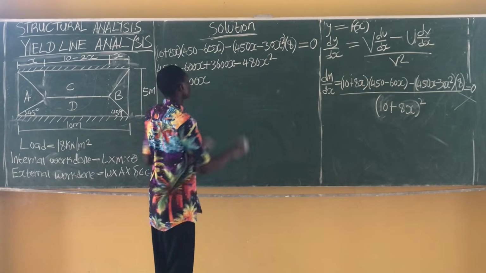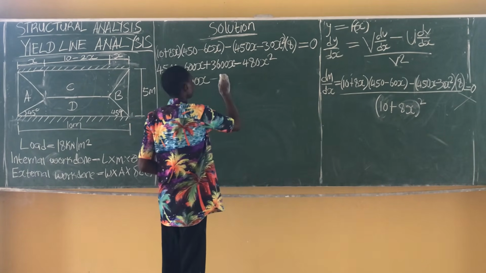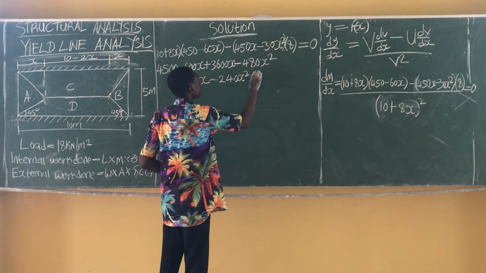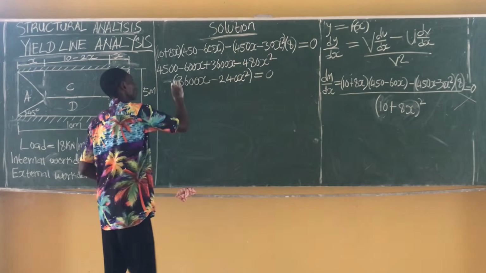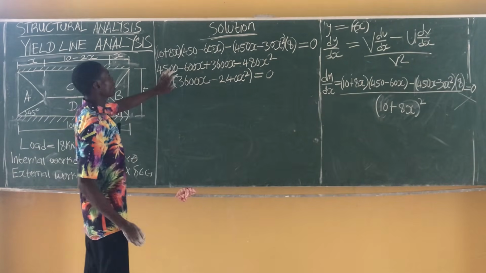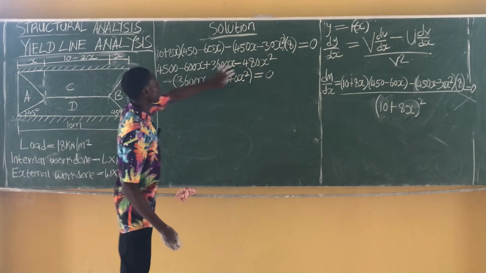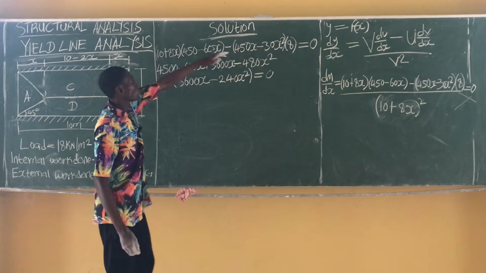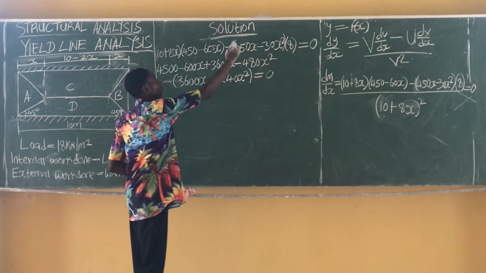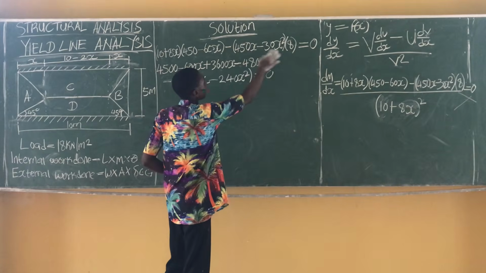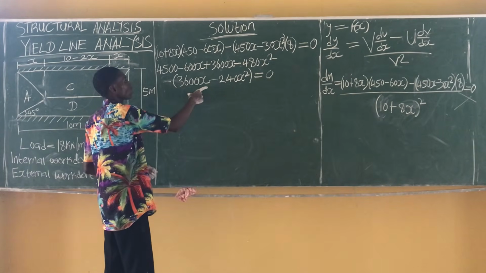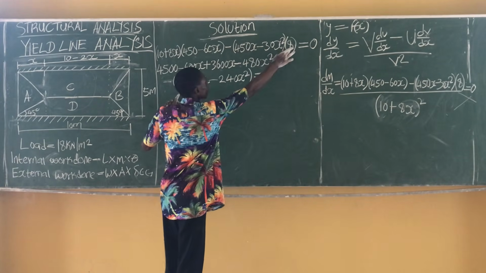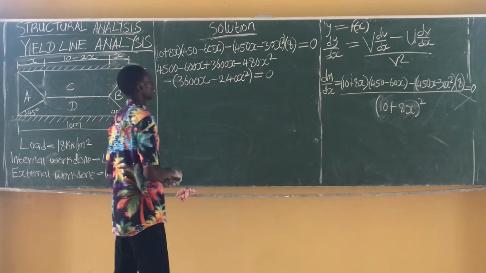Now, this is minus, so it's going to be minus 240x squared is equal to 0. Okay, so at this point, we have this expression coming from the expansion of this. So we have minus this bracket: 450x times 8 gives us 3600x, and minus 30 times 8, minus 240x squared.